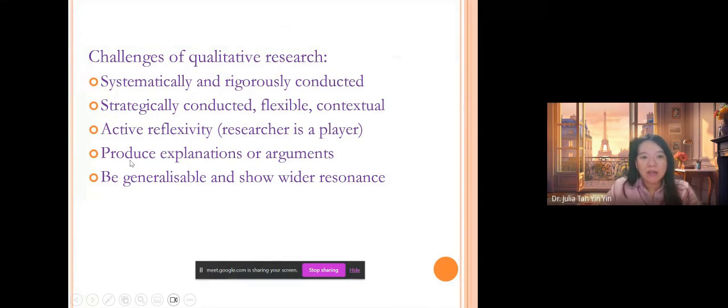And then it produces explanation or arguments. We need to explain why we analyze like that. We need to argue, like have a debate with our analysis. And then it shows wider resonance.